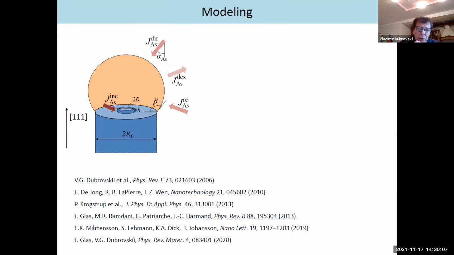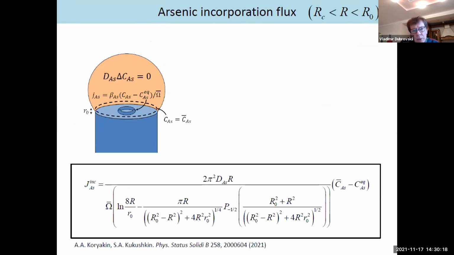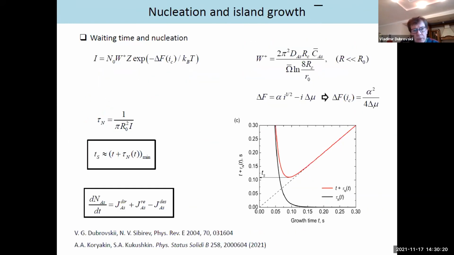Can you show the expression for the waiting time? I think it was inversely proportional to R squared. Right, because Tn is given by a nucleation probability, but it's not proportional to R squared in this case, because it's not center nucleation.